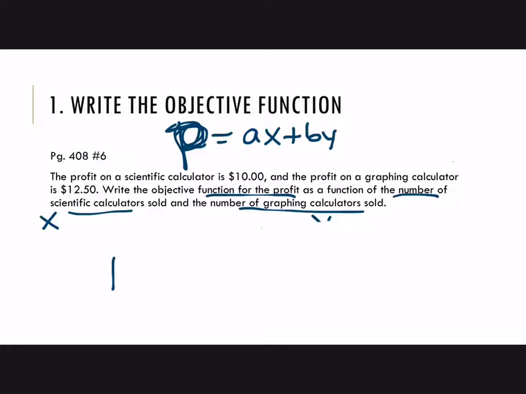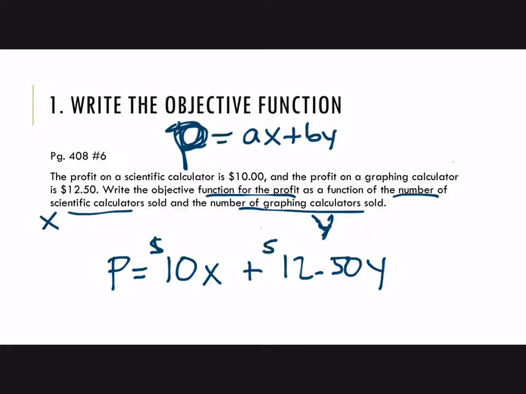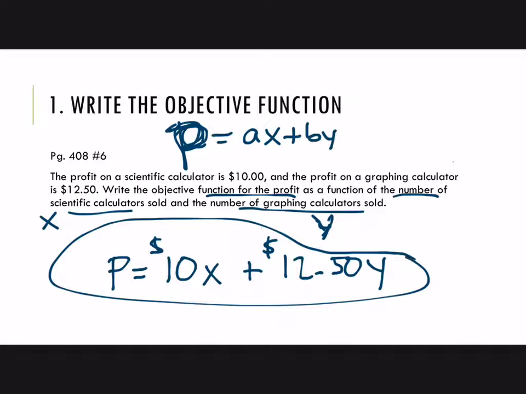Profit for scientific calculators is $10, so it's $10 per calculator times x, however many calculators there are, and then plus $12.50 per each of the graphing calculators, times y, however many calculators there are. You can fill in dollar signs if you like, just to remind you that these are profits, or you can leave those out. And that's the objective function.